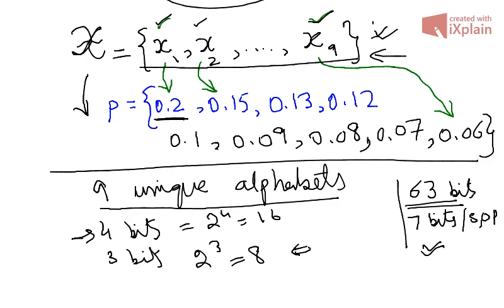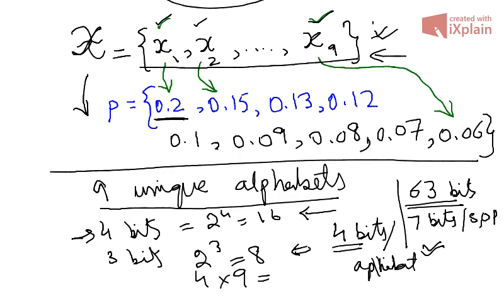It means that without any special coding, I need 4 bits per alphabet, because I have 9, right? So 4 multiplied by 9 would be 36.